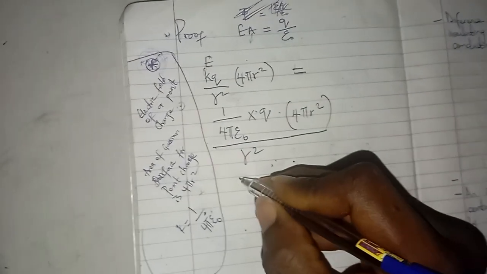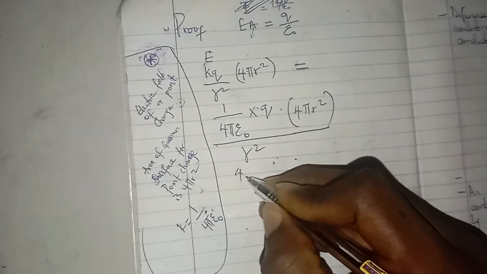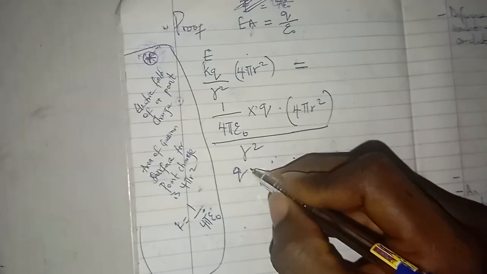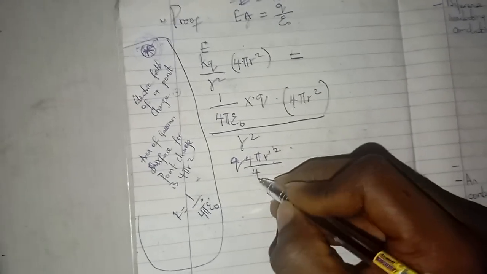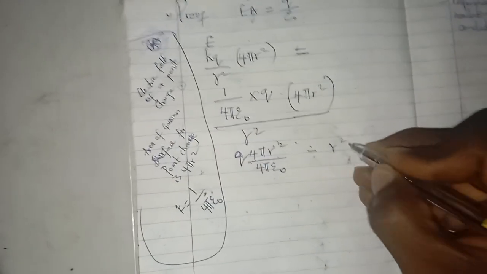Now notice that if this is the case, I will now have Q 4 pi r square all over 4 pi epsilon naught divided by r square. Anything not standing on this one is over 1.